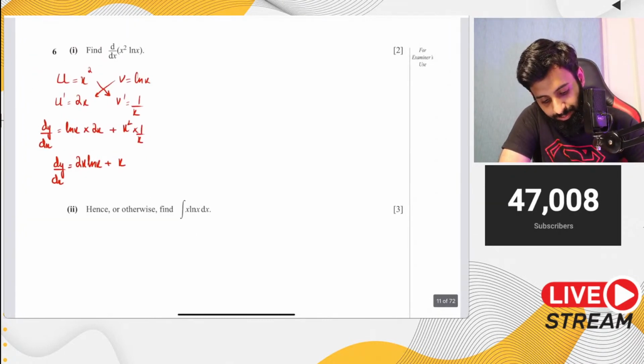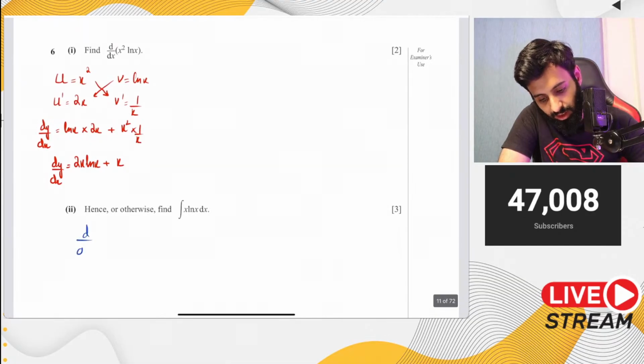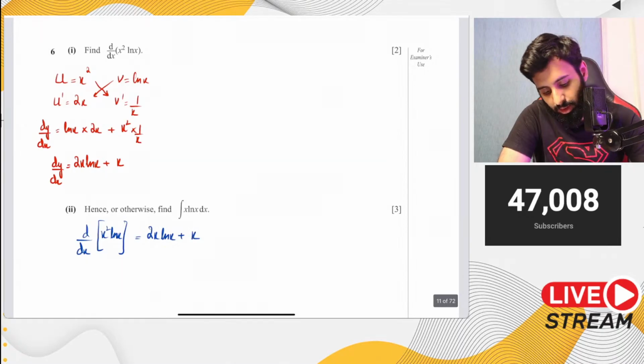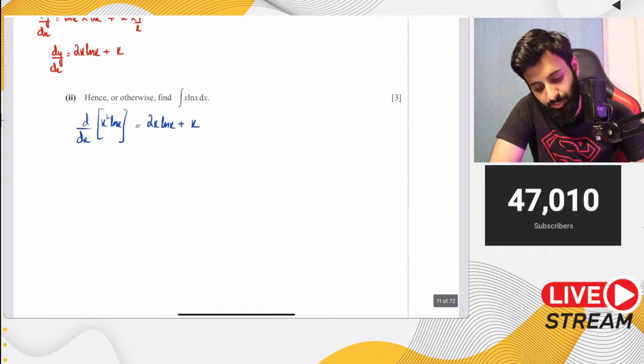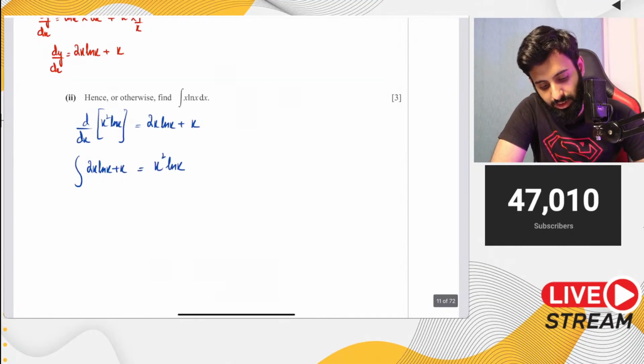We now know that differentiating x square ln x leads to 2x ln x plus x. Which means consequently integrating 2x ln x plus x will lead to x square ln x. Does everyone understand this?